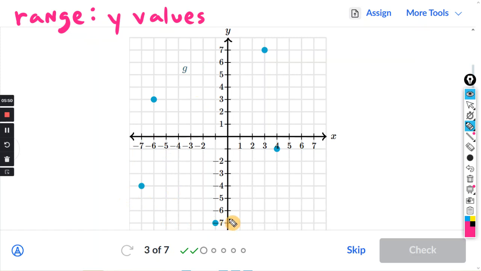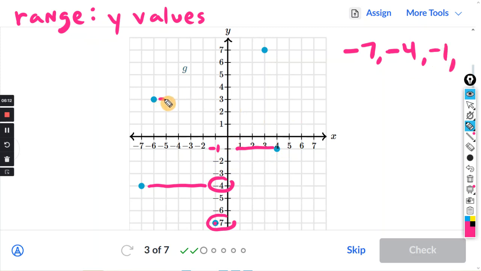So this point right here is at -7. We're looking at the y-axis. -7. This point here is at -4. This point here is between -2 and 0, so that's -1. This point here is at 3. And this point here is at 7.